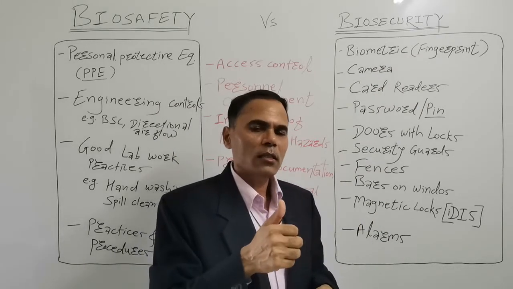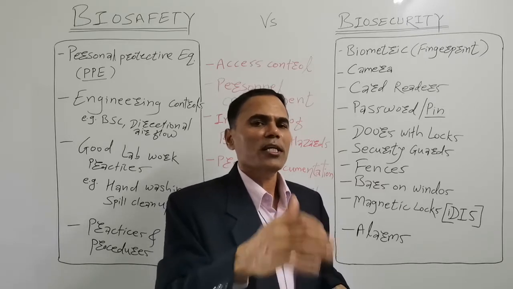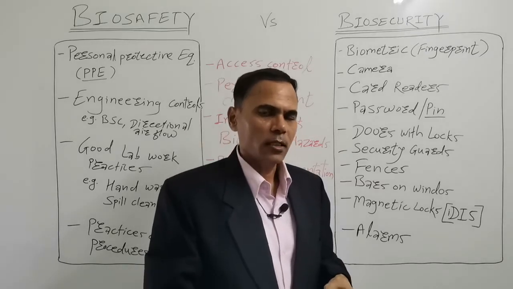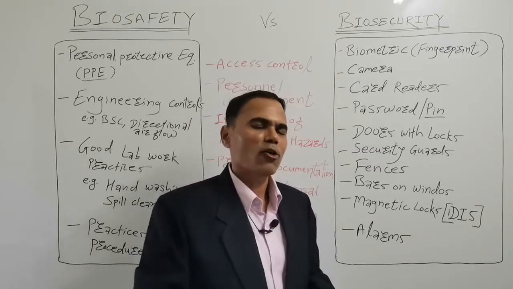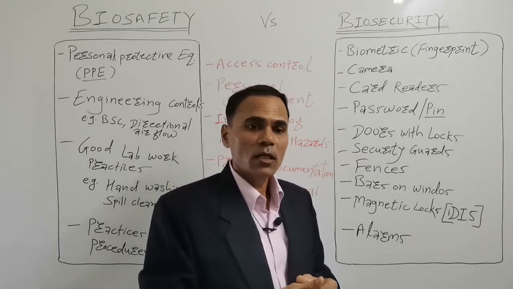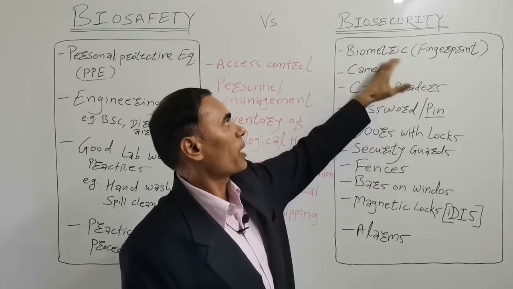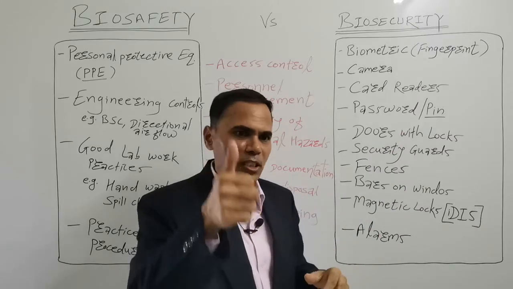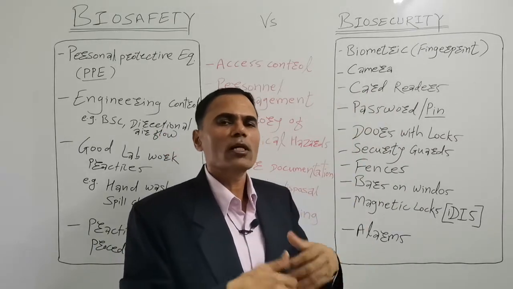This is to make sure that unauthorized people will not have access to that biocontainment facility or be able to enter the laboratory. So the ultimate aim is to control the access.